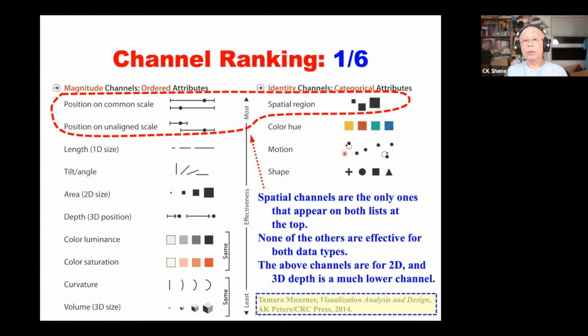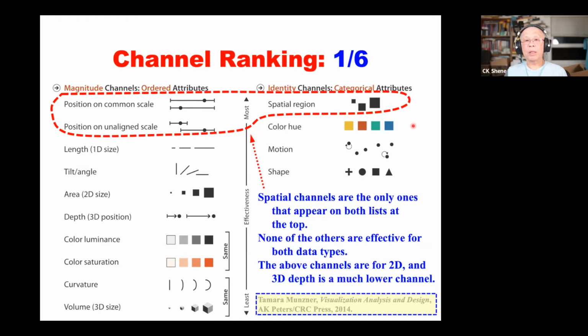And motion is commonly used in, say, tablets for you to select something, followed by shape. You may want to say, hey, shape should be easily recognizable. Unfortunately, it is not. Triangle, circle, and cross, these are maybe okay. But when you have polygons with many sides, it's not so easy.